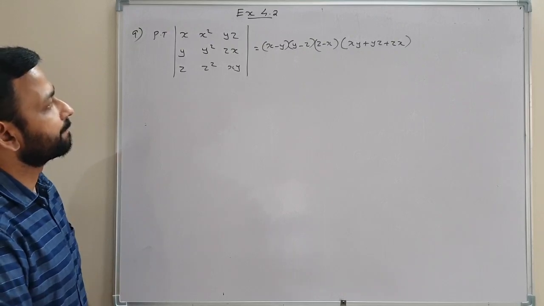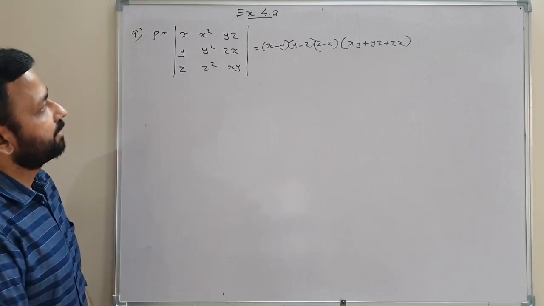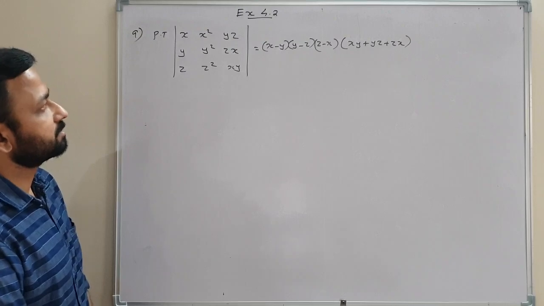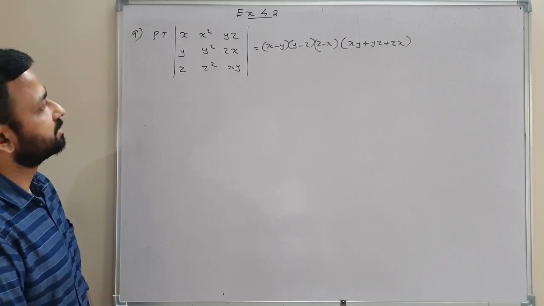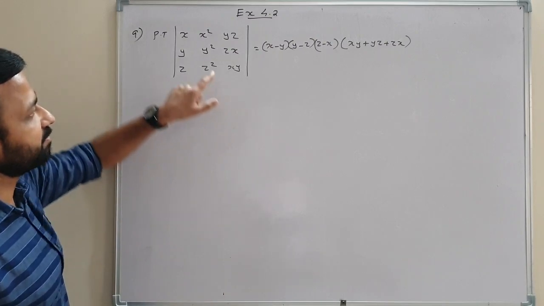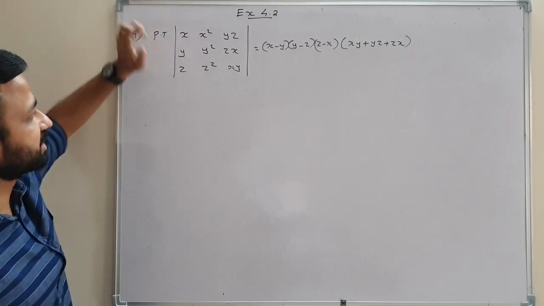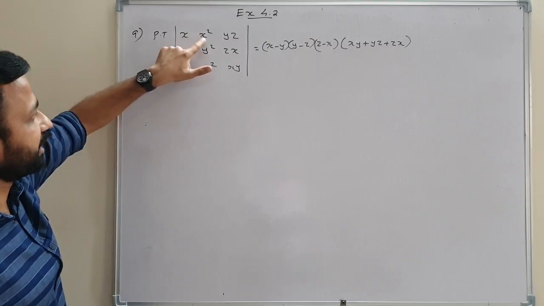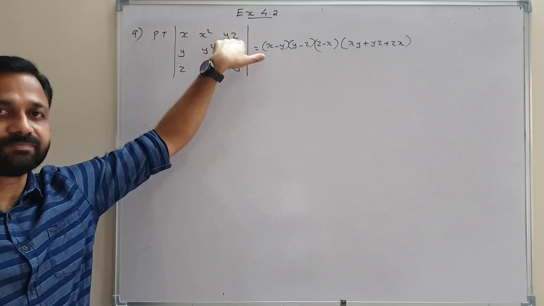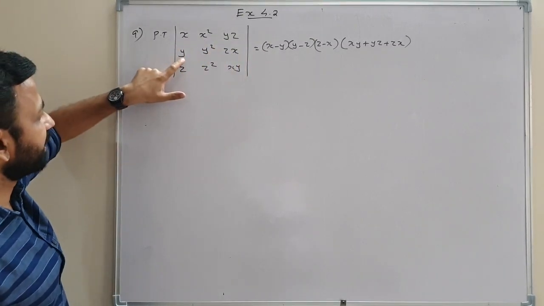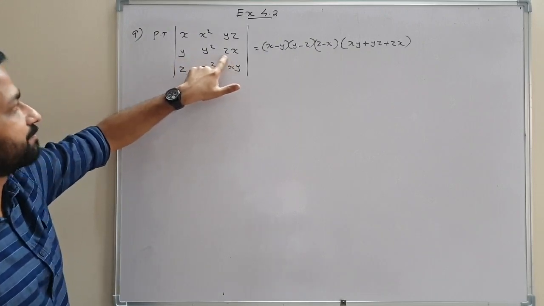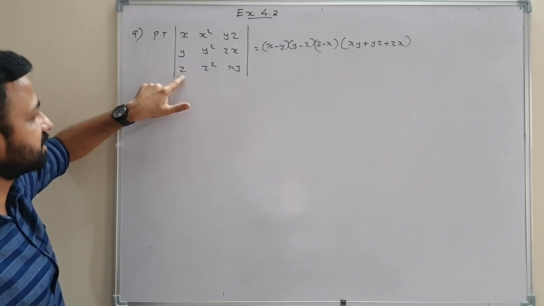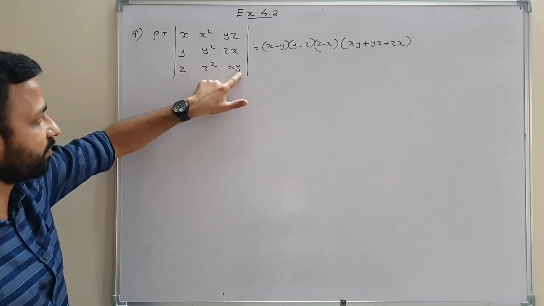So here, if we multiply R1 by x, R2 by y, R3 by z, we get x square, x cube, xyz; y square, y cube, xyz; z square, z cube, xyz.